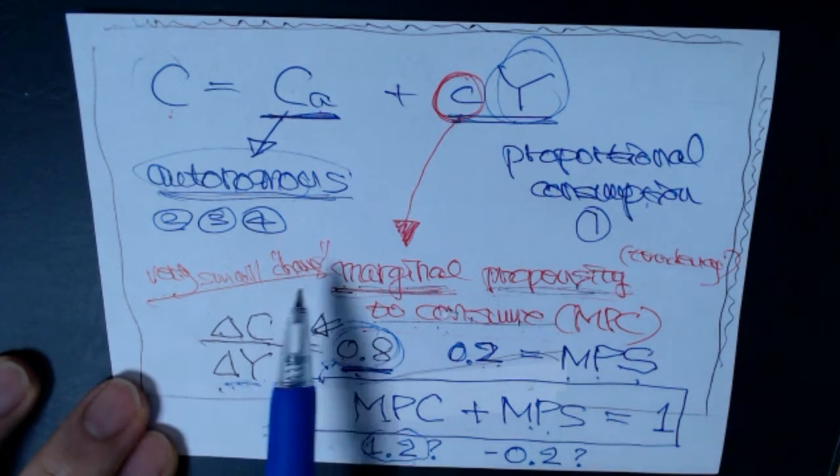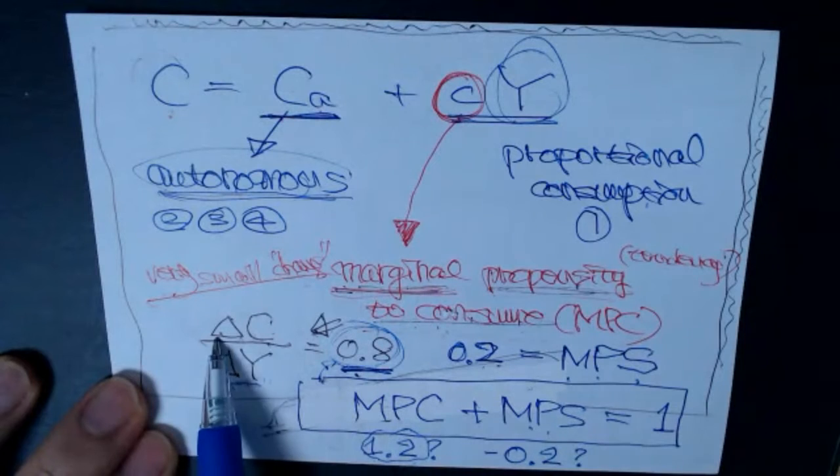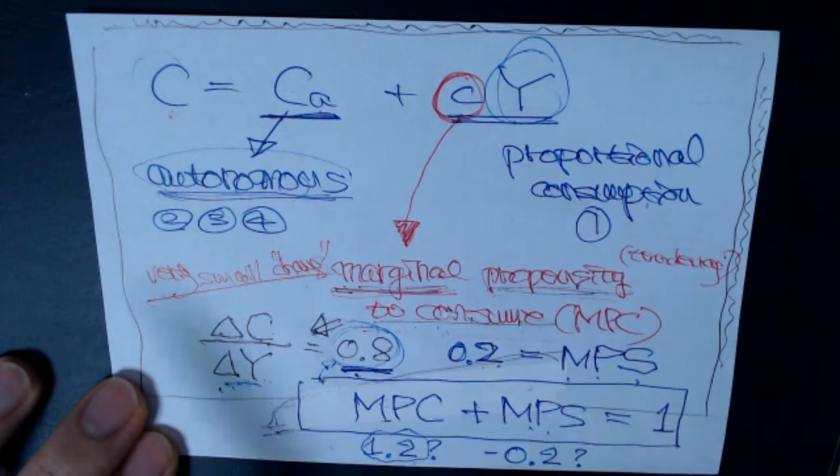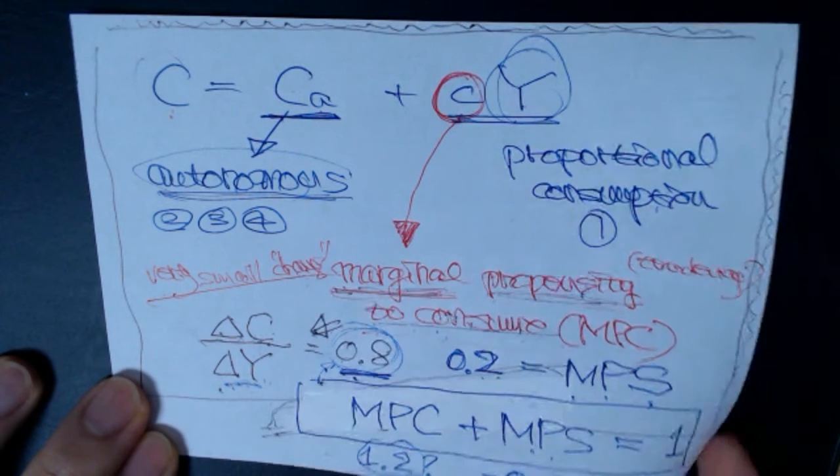Because the definition of the marginal propensity to consume is how much they consume when they have additional income. We're not talking about in general. On average, you may consume more than what you earn today. But at the margin, that wouldn't happen. So please remember that.